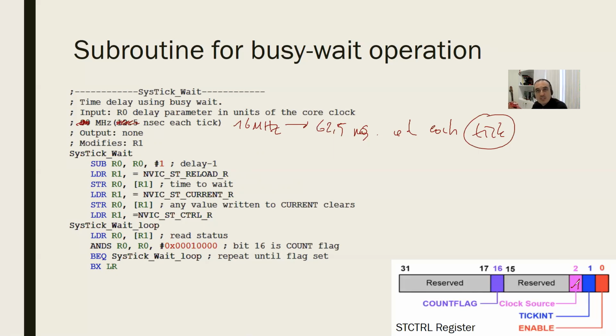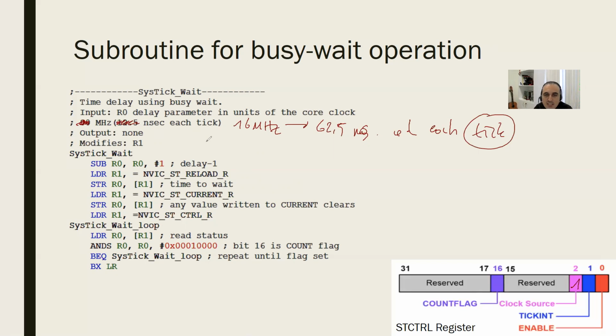If I choose this one 0 and connect an external signal, the tick of the timer will be different than the clock of the device. That's why, to make it simpler in the context of the timer, I call it a tick. The tick of the timer. So the single tick will be 62.5 nanoseconds.